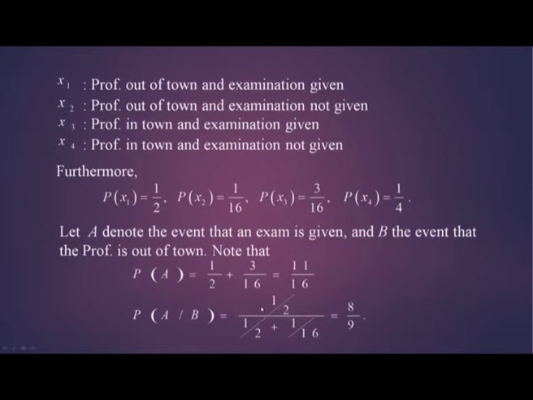and in the numerator it is half, because it is probability of A intersection B, that is both A and B will occur. So, here A and B, that is exam is given and professor is out of town, both these events are occurring here.